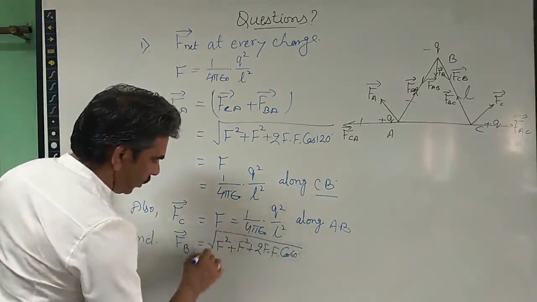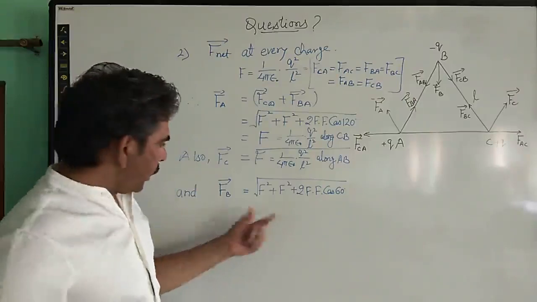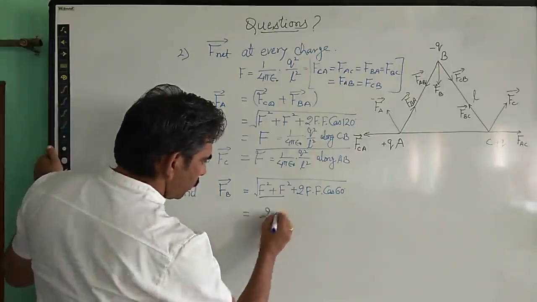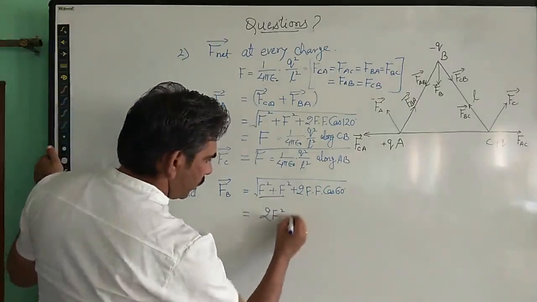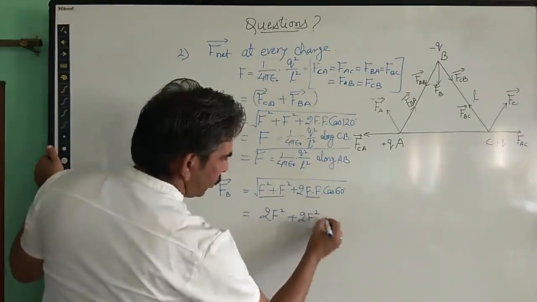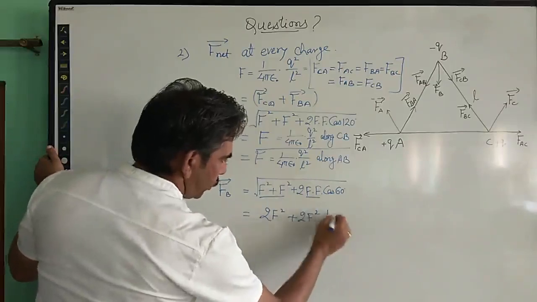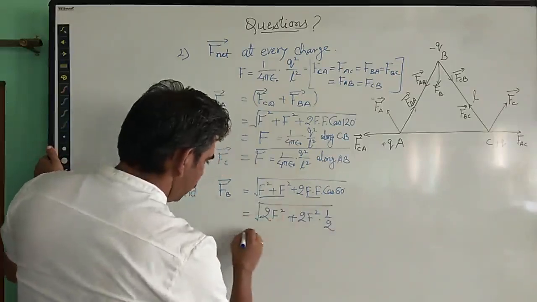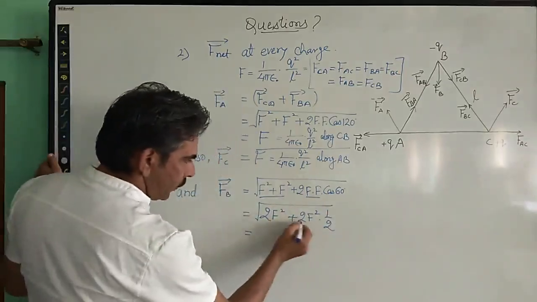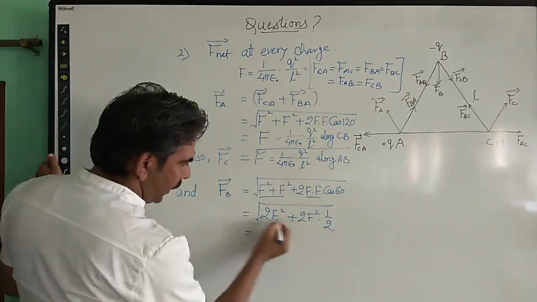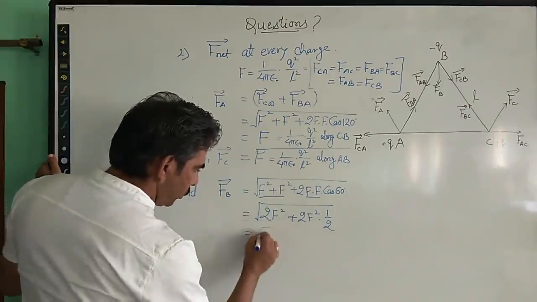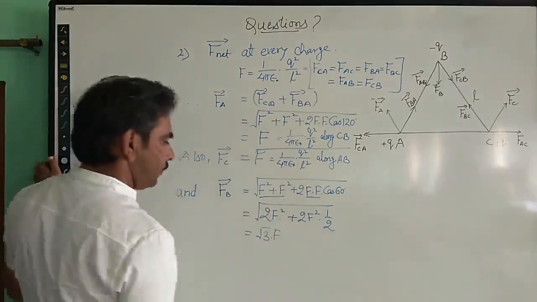So here it becomes under root of 2F square plus 2F square into cos 60, which is 1 by 2. So on calculation, 2 cancels out with 2 and it becomes 3F square. So we are left with only under root 3 into F.